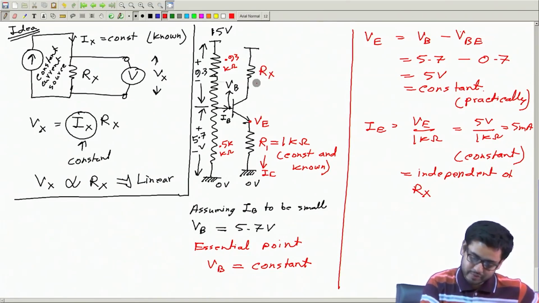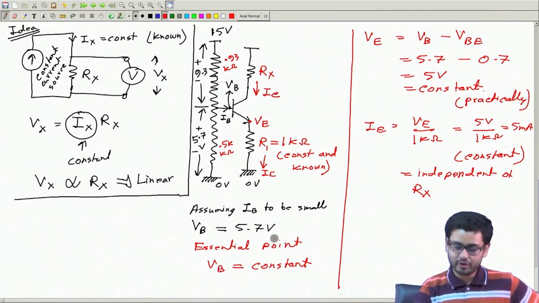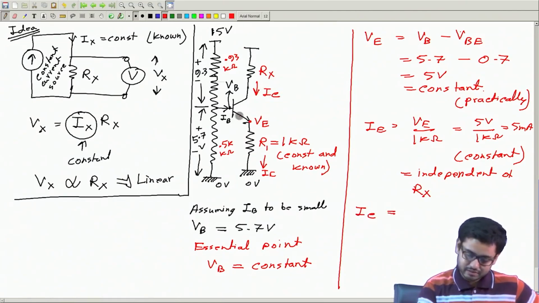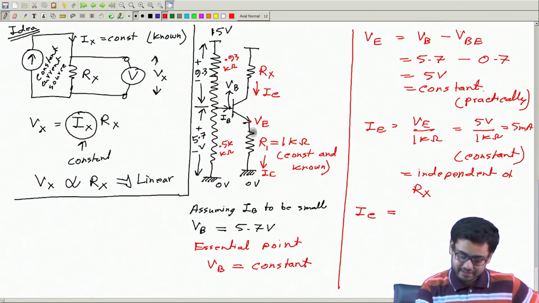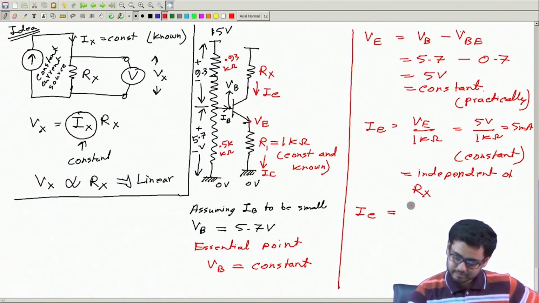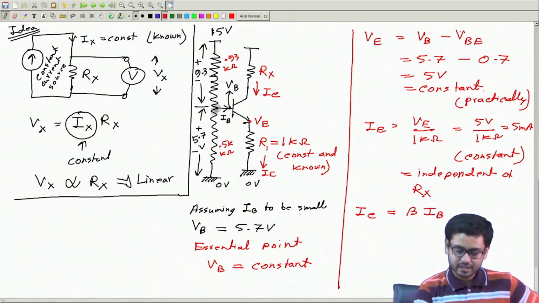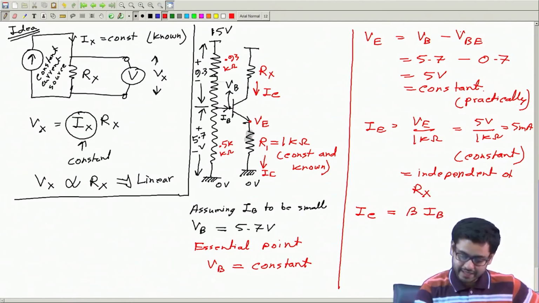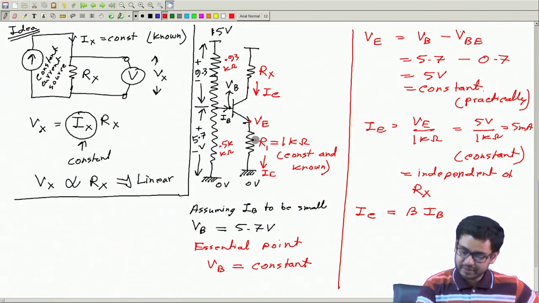Okay. Now how much will be this current? Call it IC. Now IC is this current. IC I can write as beta times IB, and we know this IE is 1 plus beta times IB.